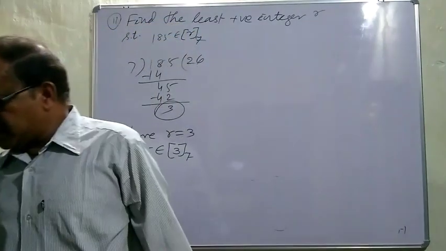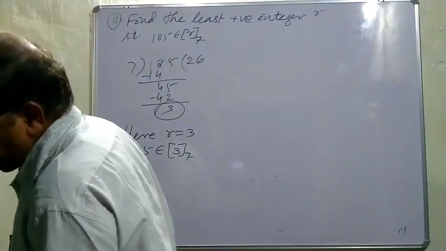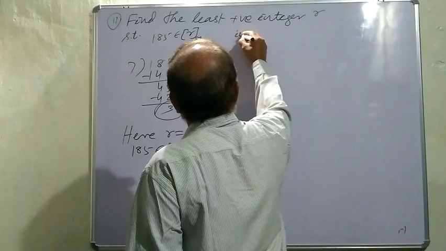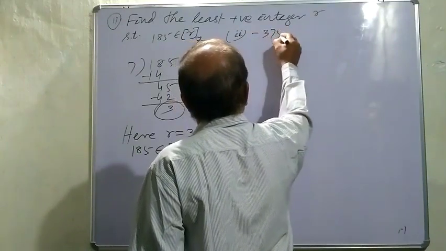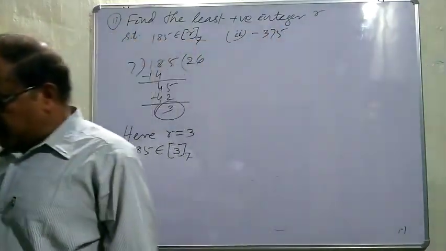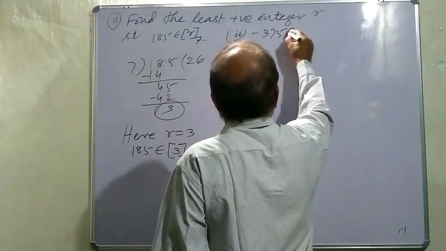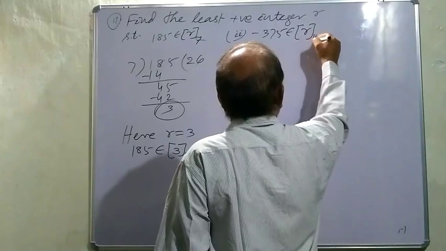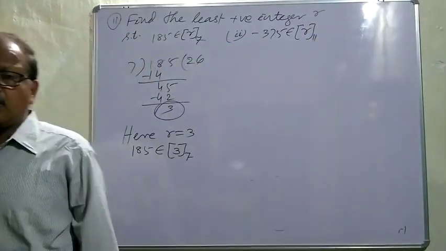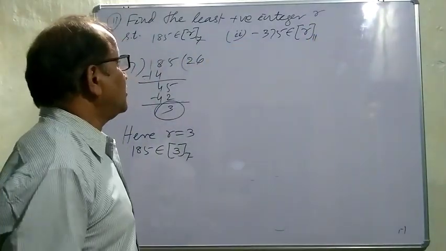Suppose I take another example. Second question: minus 375 belongs to the equivalence class of R with congruence modulo 11. What will happen?